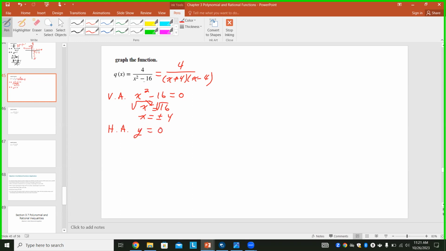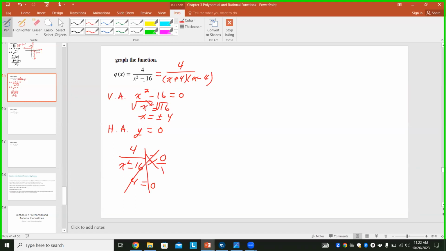Remember, if the denominator's exponent is larger than the numerator, it's automatically y equals 0. Therefore, there are no slant asymptotes to check. I do have to see if it crosses the horizontal asymptote. So I'll take 4 over x squared minus 16 and set it equal to 0. When I cross multiply, I get 4 equals 0, which can't happen. So it does not cross the horizontal asymptote.